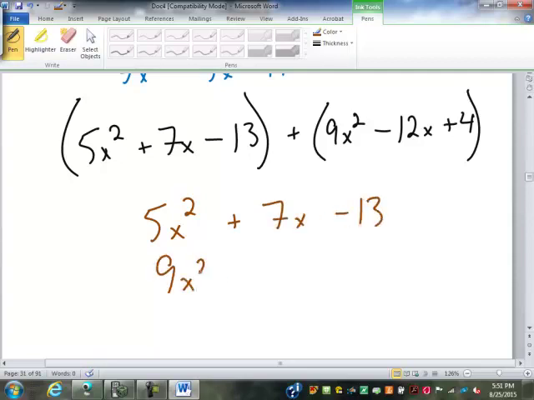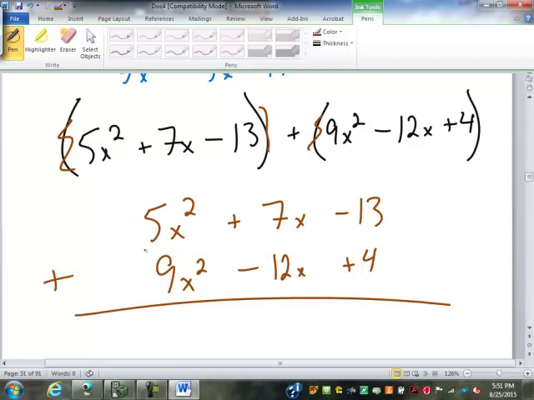As I said last week, if you have a method you've used before that works for you, don't feel like you have to change to do it my way. I know most of you are taught just get rid of the parentheses and combine like terms. If that works for you, feel free to keep doing it. I just throw out my different way because it sometimes helps. So anyway, here now, we're still adding down each column, but we have to deal with negatives in each digit.